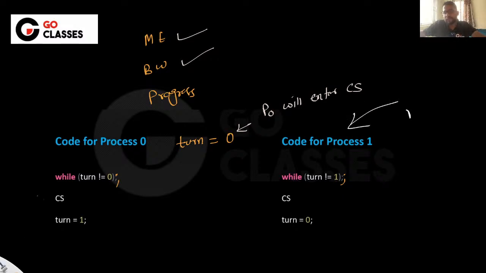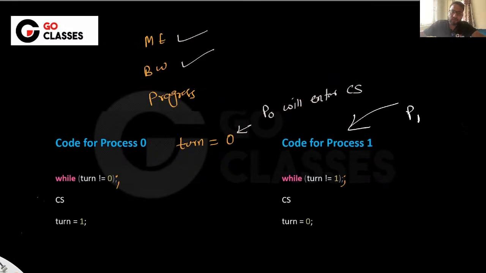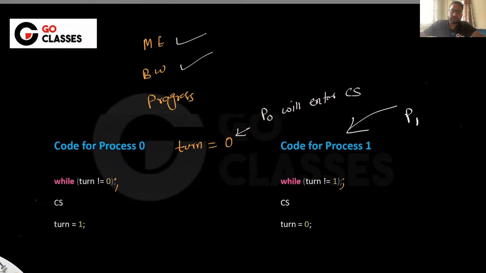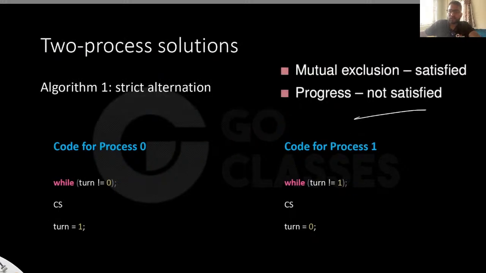Can P1 enter the critical section? No, right? Since it cannot enter, because of this turn variable, progress is not satisfied. I hope everyone understood. Now let's move further. So progress is not satisfied.